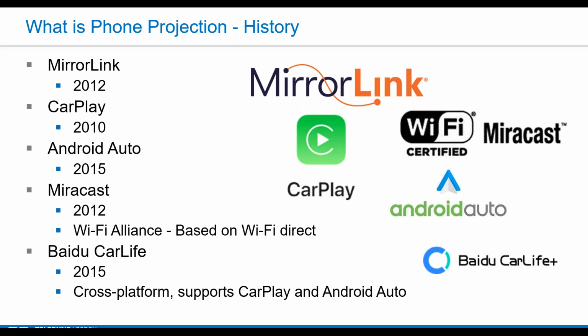And Baidu's CarLife is based in China. That started in around 2015, and that's a cross-platform solution that supports both CarPlay and Android Auto. As you're probably aware, the dominant phone projection technologies are CarPlay and Android Auto.